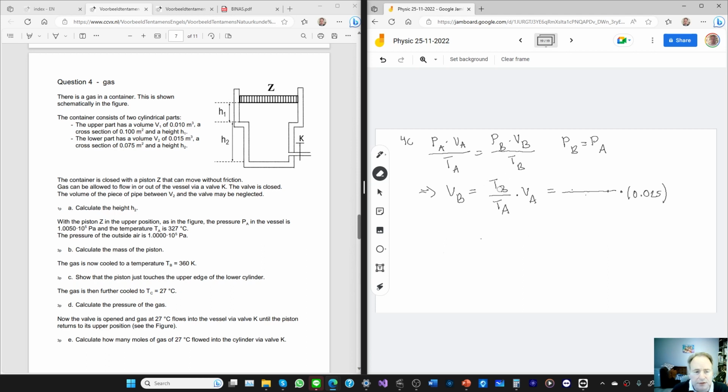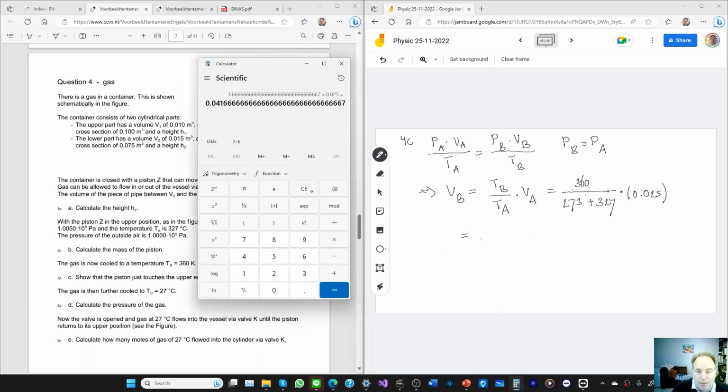The final temperature is cooled down to 360, so TB. And the initial temperature was what I wrote down, 273 plus 327. Okay. 360 divided by 273 plus 327 times 0.025.